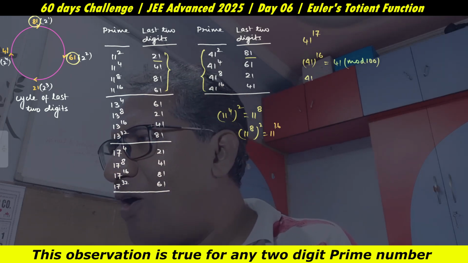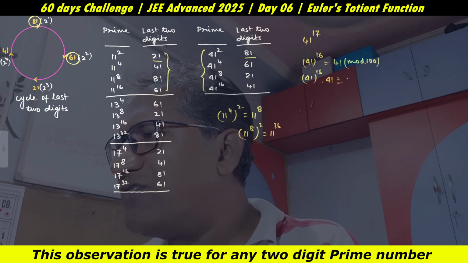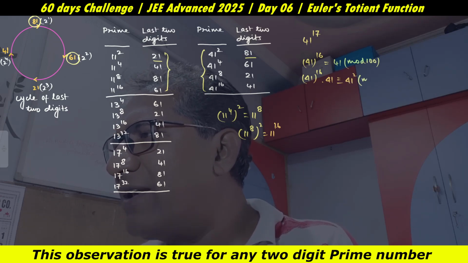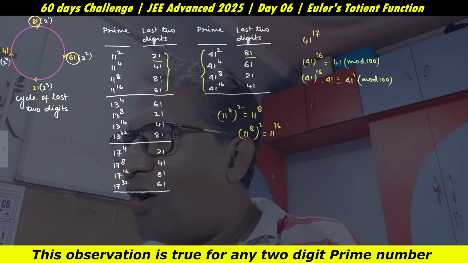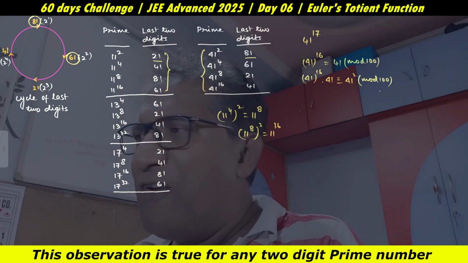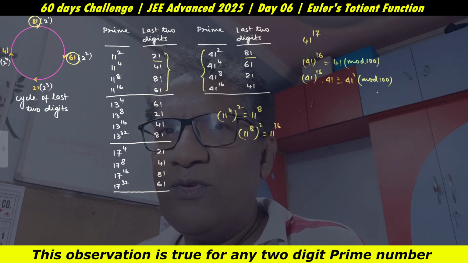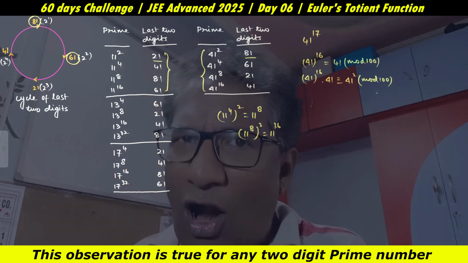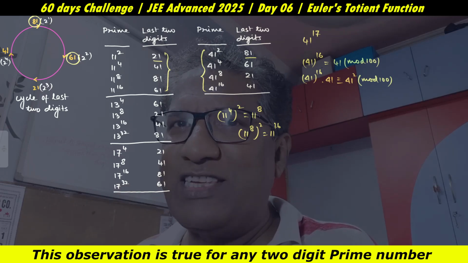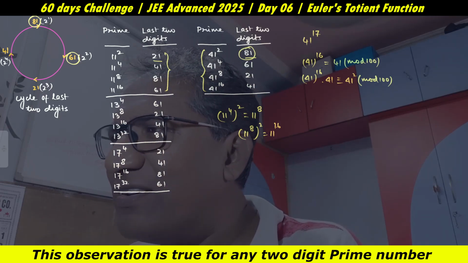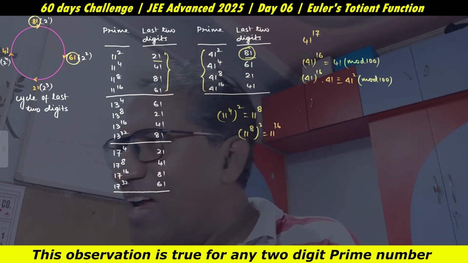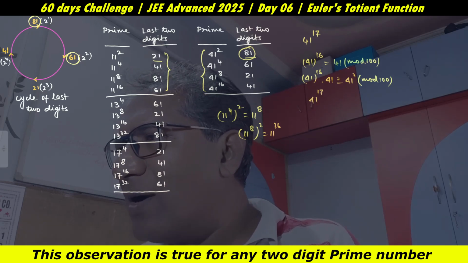So it will be 41 to the power 16 into 41, which gives us 41 square modulo 100. Now 41 square, if you divide it by 100, what is the remainder? Or you can say, what are the last two digits? It is 81. Am I correct? Therefore, 41 to the power 17 and 81 are congruent modulo 100.